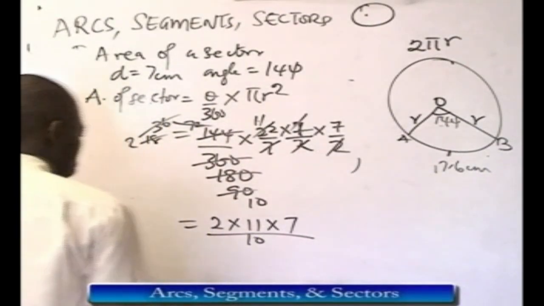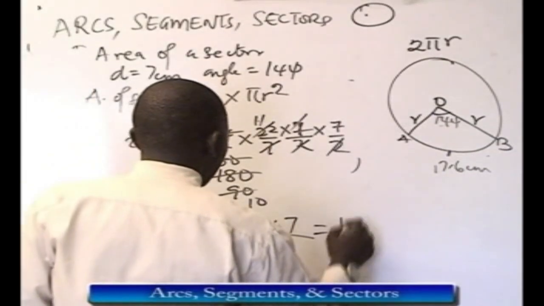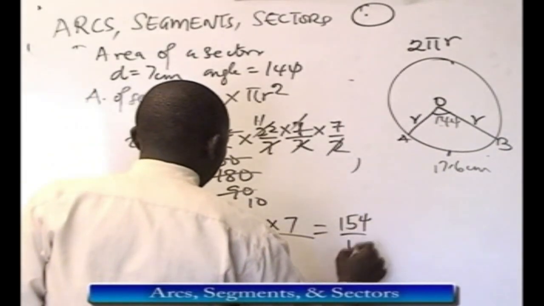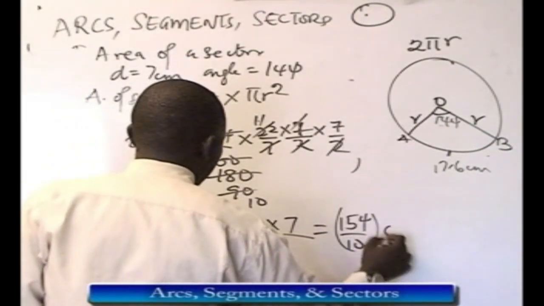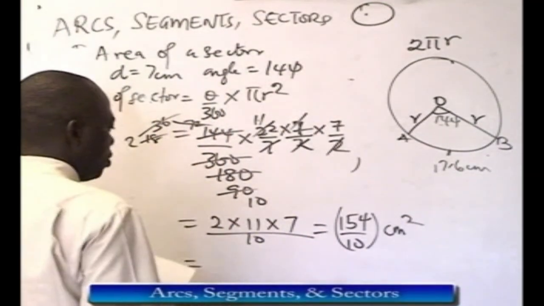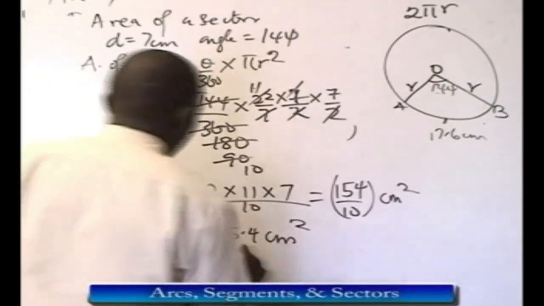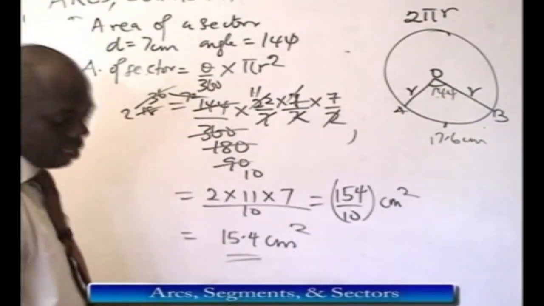If you do it well, what you have is 154 divided by 10. Mind you, the unit is centimeter square, and eventually what you're going to have is 15.4 centimeter square. Please mind the formula.